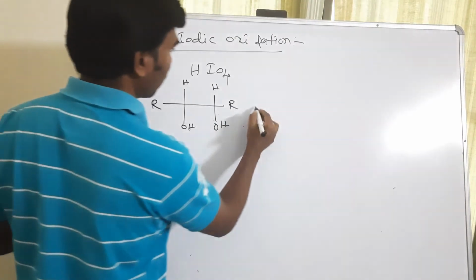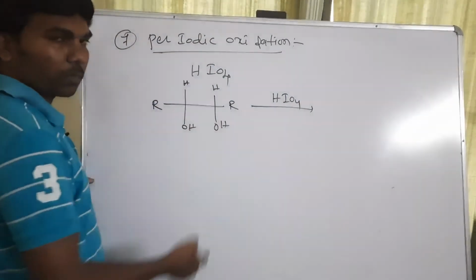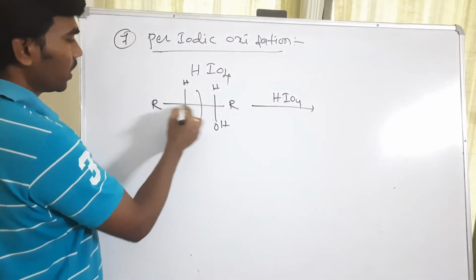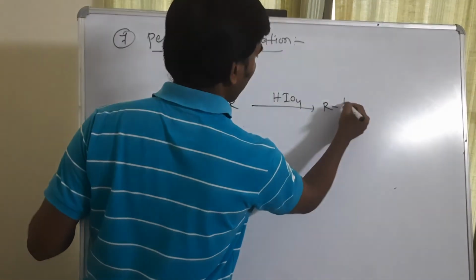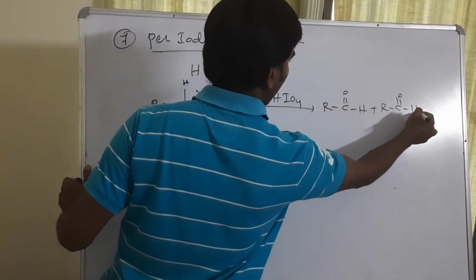If I am adding HIO4 to this one, how to write the product? Just break here, so it is going to form RC double bond OH plus RC double bond OH.